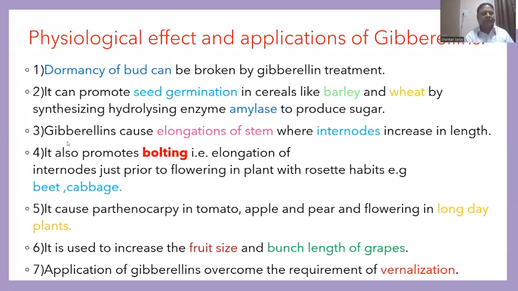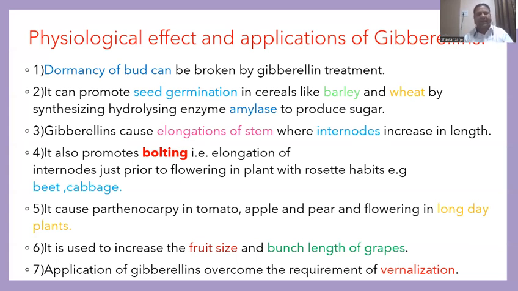Next function, next role: gibberellin causes elongation of stem where internodes increase in length. Stem possesses nodes and internodes, but the internode of the plant increases by the gibberellin treatment. Fourth point, gibberellin also promotes bolting, elongation of internodes just prior to flowering in plants with rosette habit.